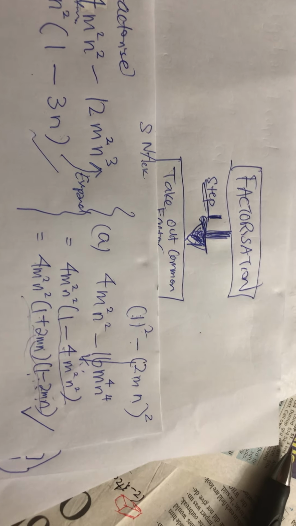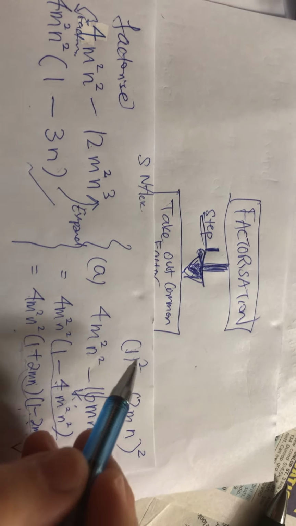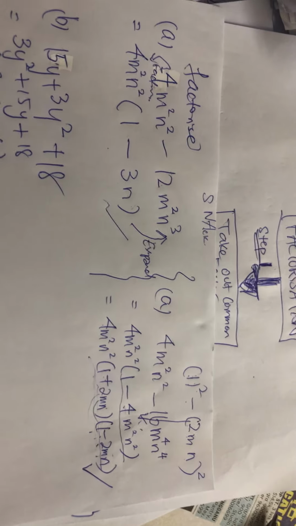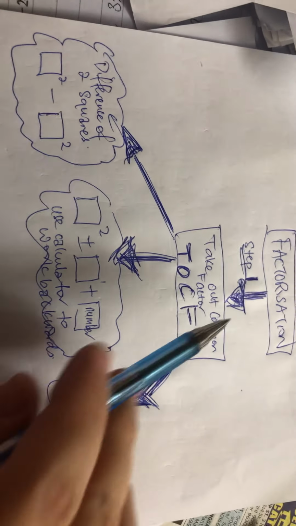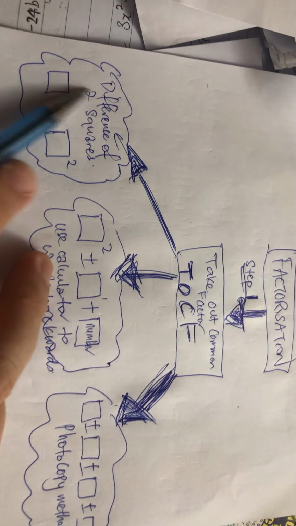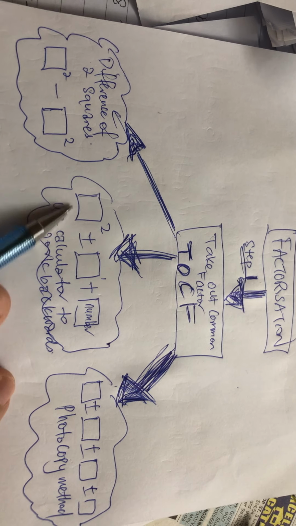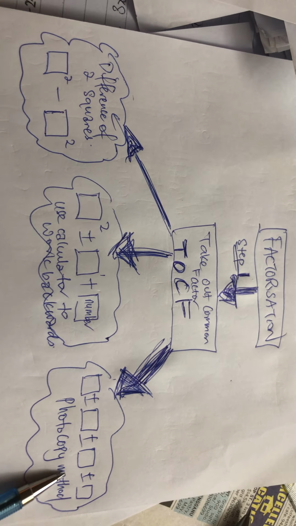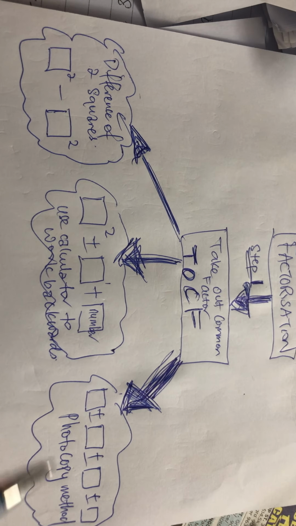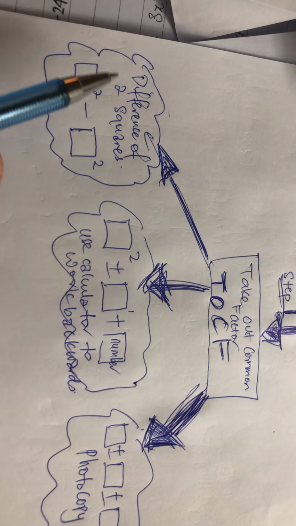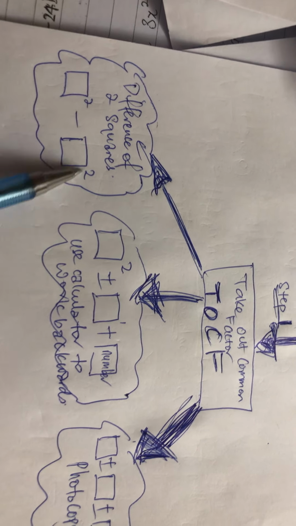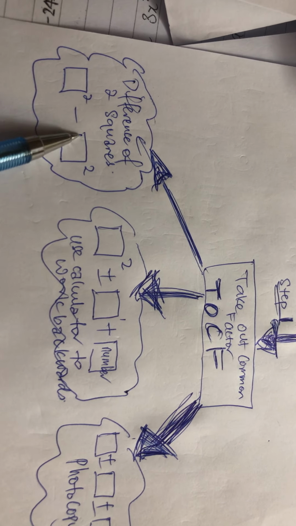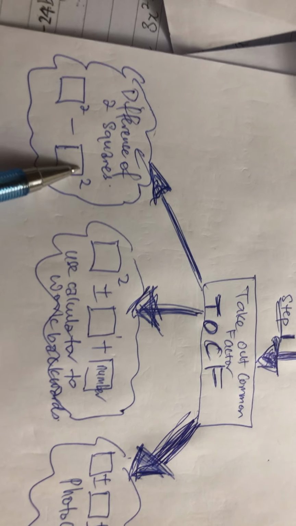You cannot factorize anymore. So take note, after taking out common factor, you have to check whether there is difference of 2 squares. If you don't have, check whether you can apply the photocopy method. Very easy to identify. Difference of 2 squares has only 2 different terms, and it's always a minus in between the two terms.